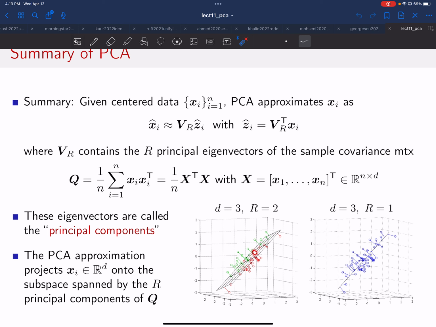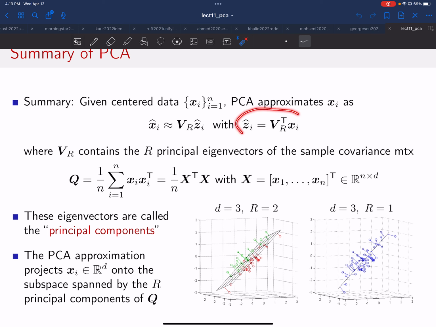And then if you're wondering where these different points are in this plane, there's a two-dimensional coordinate system in that plane. And that is exactly these zi's. They tell you where in the plane it is. Or in this case, it's a one-dimensional coordinate system, so the origin is maybe over here, and then z hat i just tells you how far along that line you are relative to that origin.